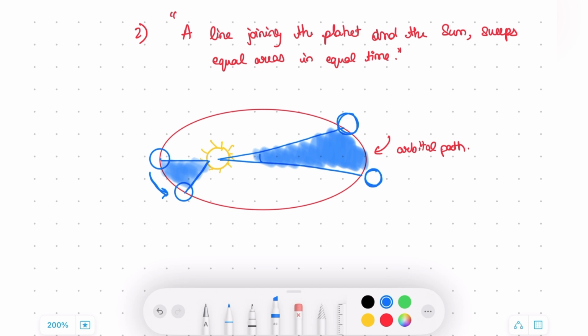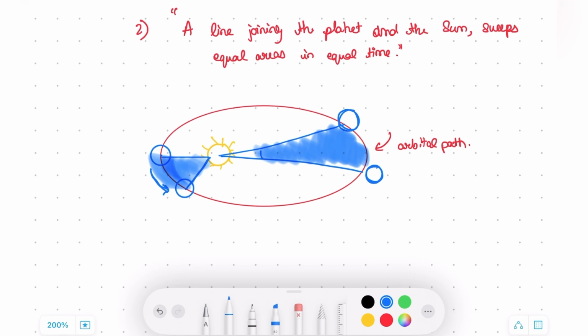Now you say, how is that? Right? Visually also, if you were to see this, you realize that, okay, it's not going to be equal. The only way for this to be equal is if this pizza slice was much larger or wider. How is that going to happen? If the earth is traveling faster when it is at its perihelion, right?